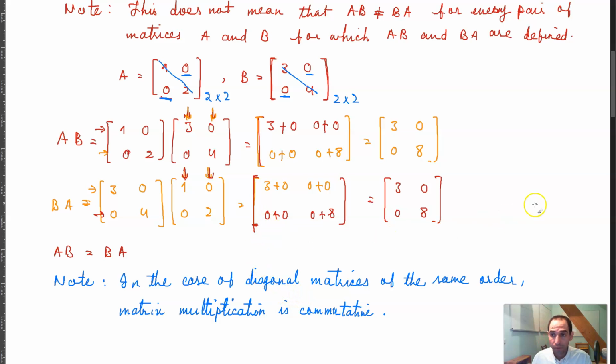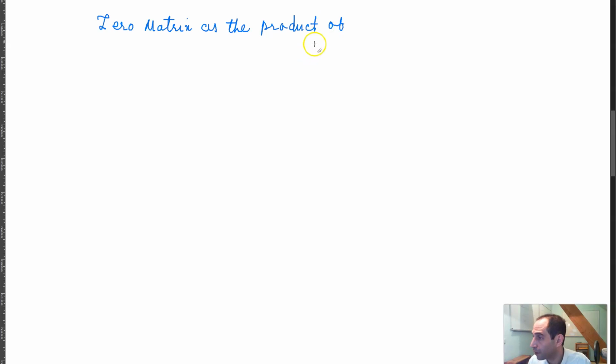Now the next topic, which is related to the same discussion, is zero matrix as the product of two non-zero matrices.